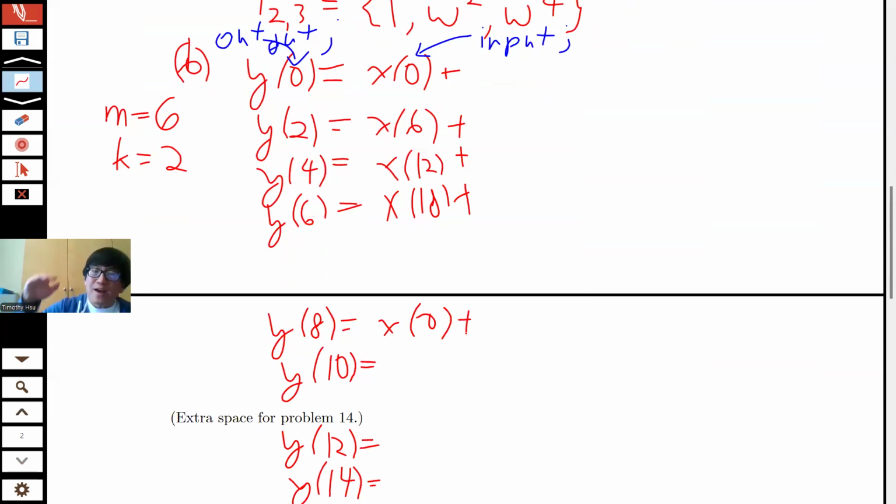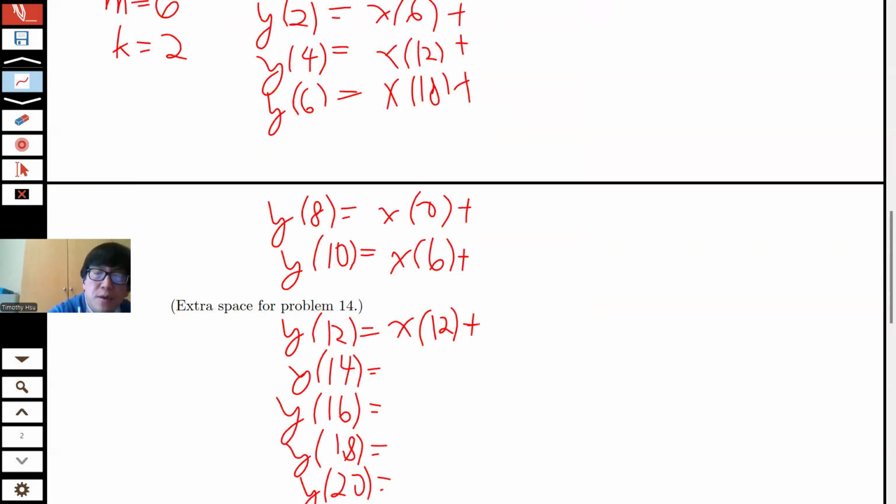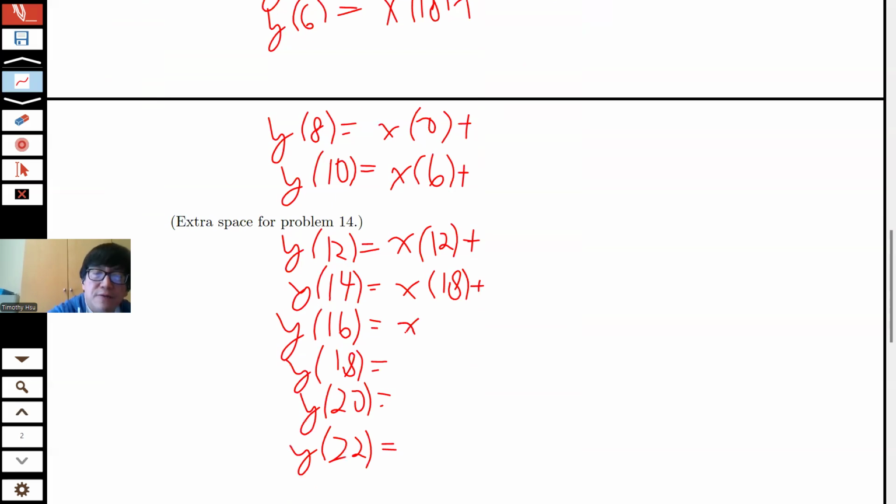So even though the y's keep increasing 6, 8, 10, 12, 14, the x's will cycle back around and you'll get x of 0, 6, 12, 18, and then x of 0, 6, 12, 18.